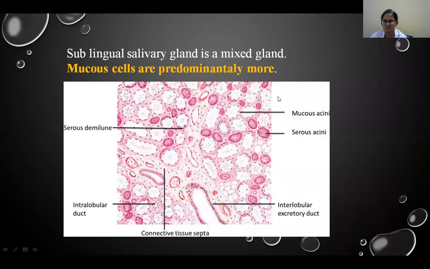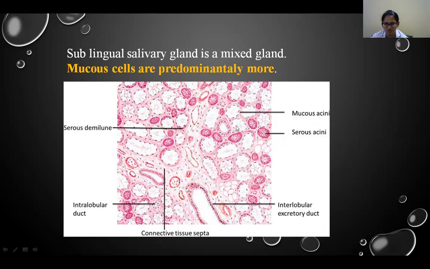Next, coming to the histological features of the sublingual salivary gland. It is also a mixed gland, consisting of both mucous and serous cells. See, here mucous cells are more in number in the sublingual salivary gland, whereas serous cells are less in number.